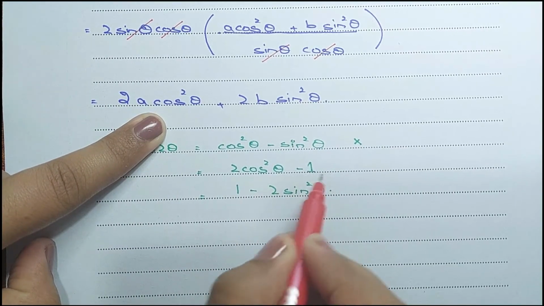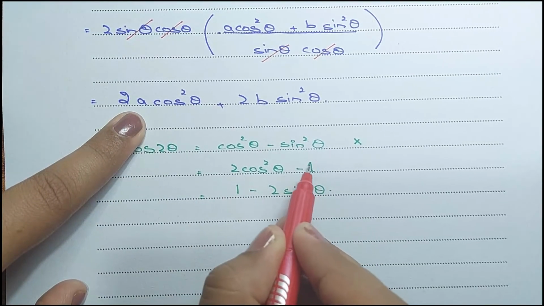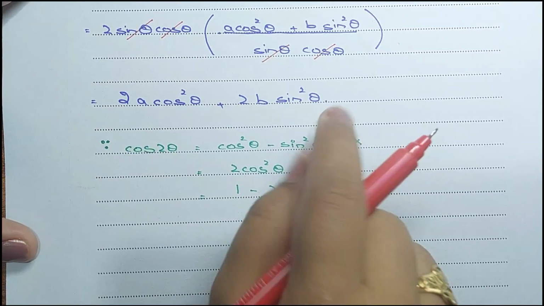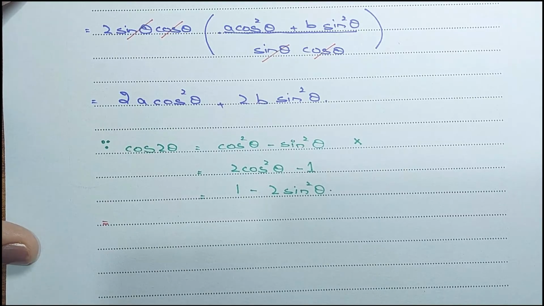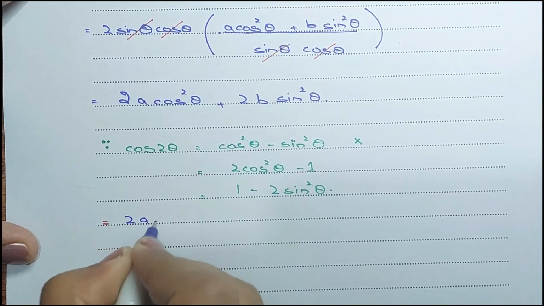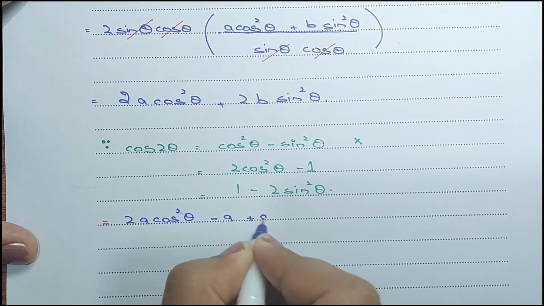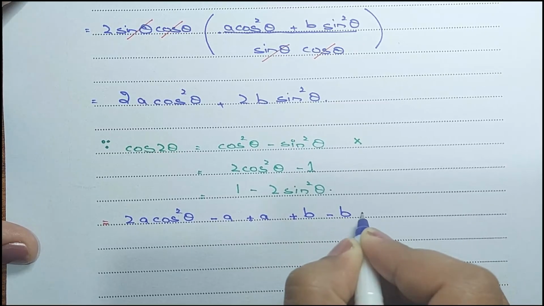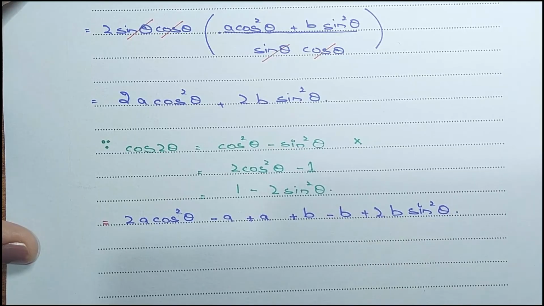So if I multiply, this is multiplying by a, so we have to add and subtract a over here, and add and subtract b over here. Let's do this. 2a cos square theta minus a plus a, plus b minus b plus 2b sine square theta, right?